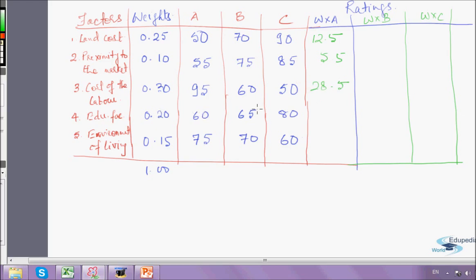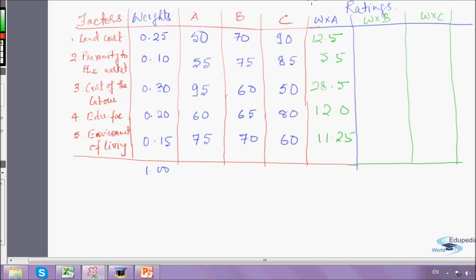Next is 60 multiplied by 0.2, and that is 12. Lastly, it is 75 multiplied by 0.15, and that is 11.25.